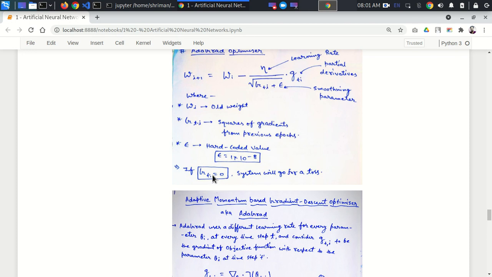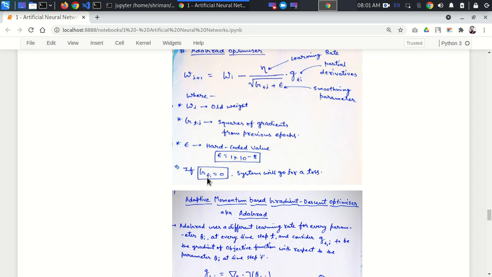And to avoid these things, people did two things. First of all, they introduced a square root operation: whatever G_ti we take, we do not use it directly, but perform its square root operation, and then this particular thing gets used, so that is fine.